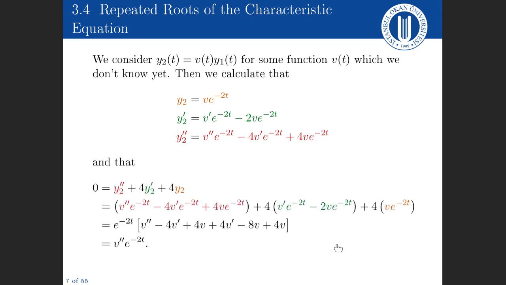And then we're going to put these into the differential equation. I want to have y2 double prime plus 4y2 prime plus 4y2 is equal to 0, because I want y2 to satisfy this differential equation.